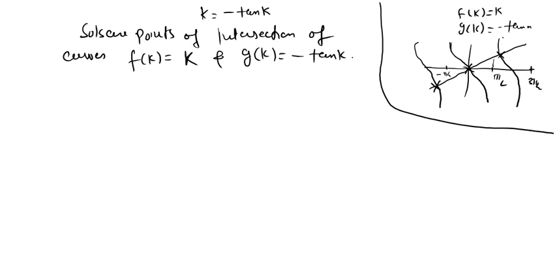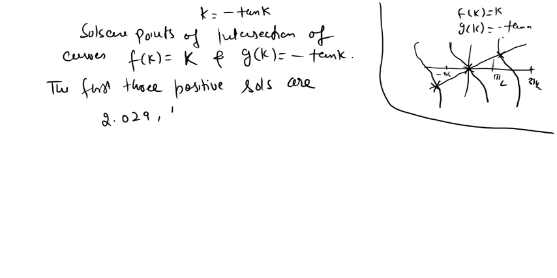Also we have the trivial solution k equal to 0, which will give you y equal to 0. Since lambda equal to k square, we are interested in positive solutions only. The first three positive solutions are 2.029, 4.913, then 7.979, etc.